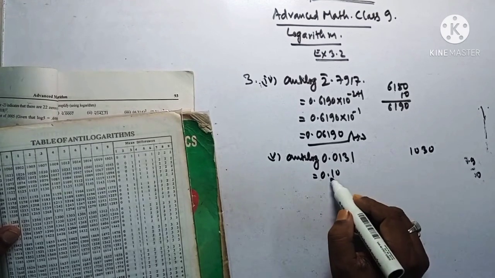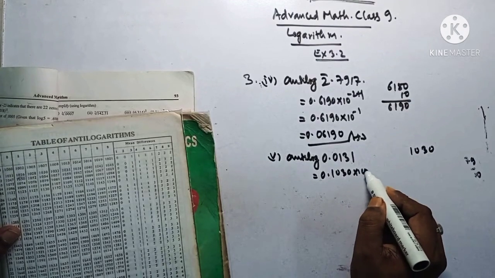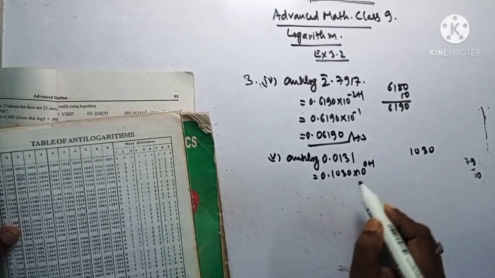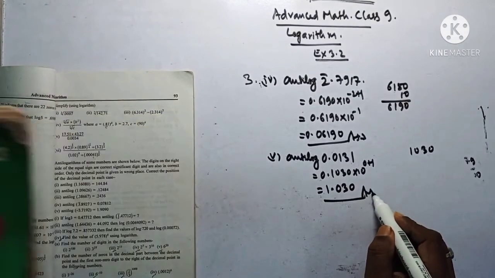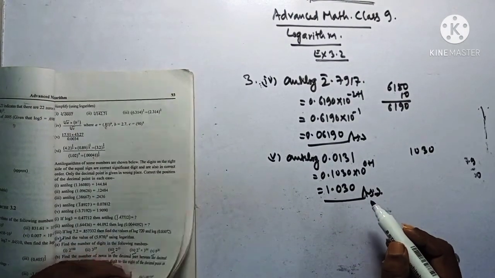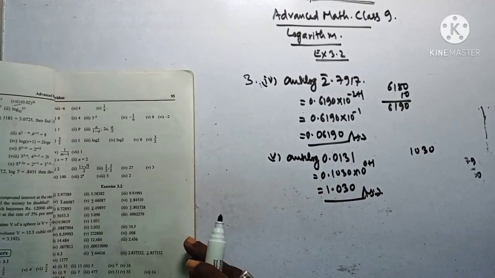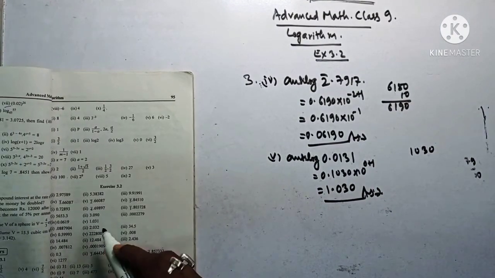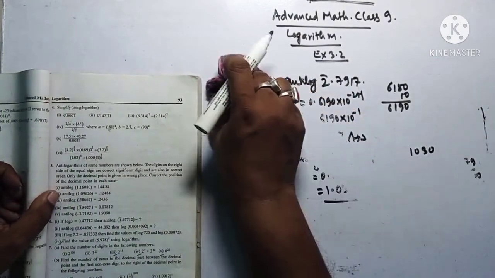Always write the mantissa value after the decimal places. 1030 into 10 to the power of characteristic 0 plus 1, so this will be 1.030. This is your answer. So now you can see 1.01, this is your answer.